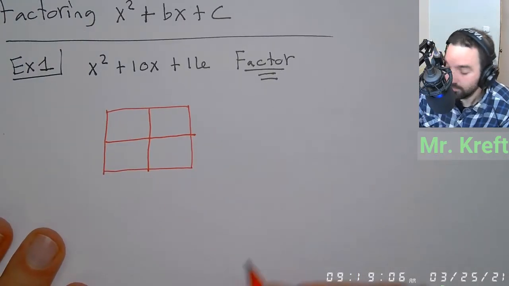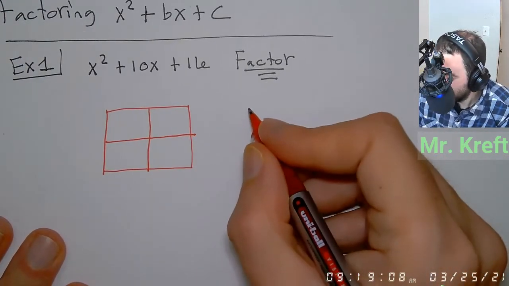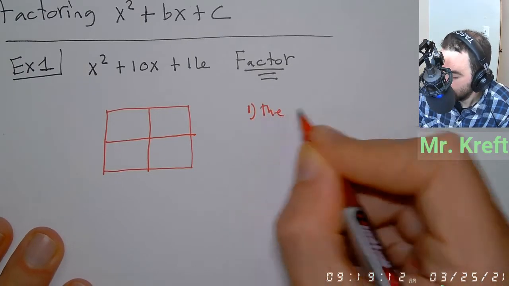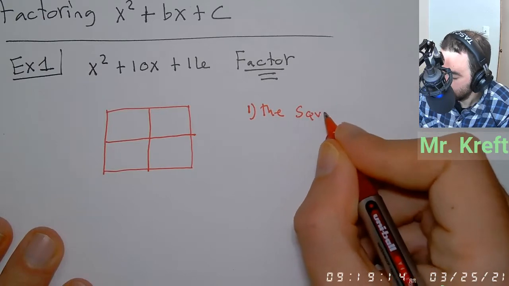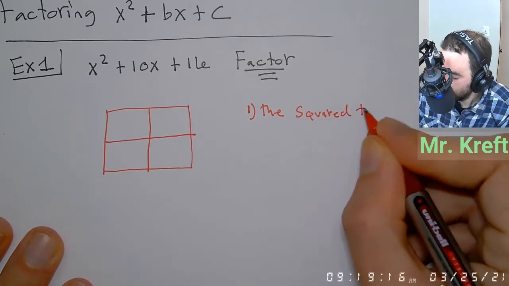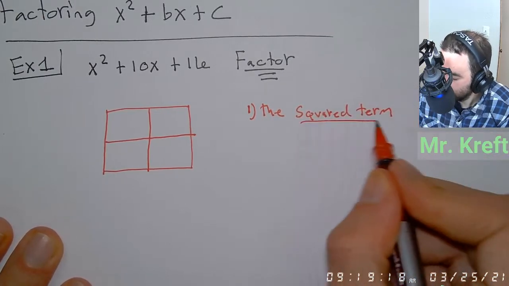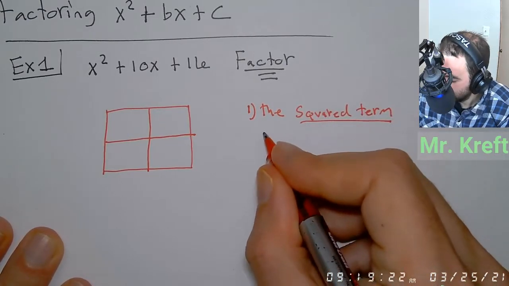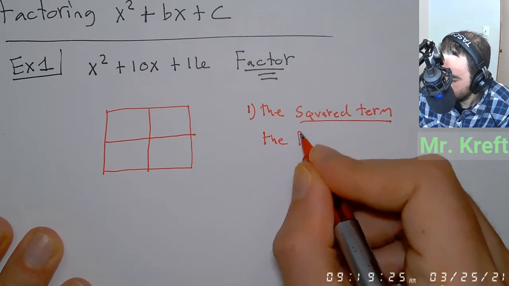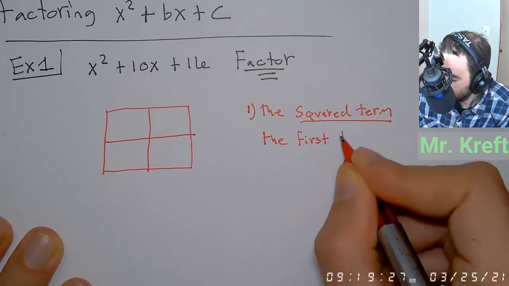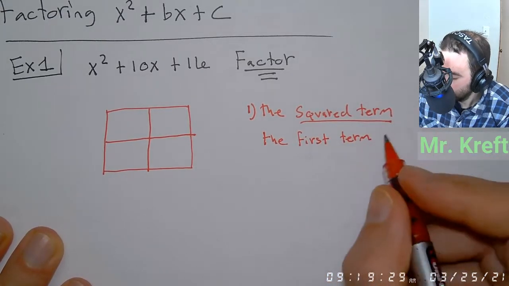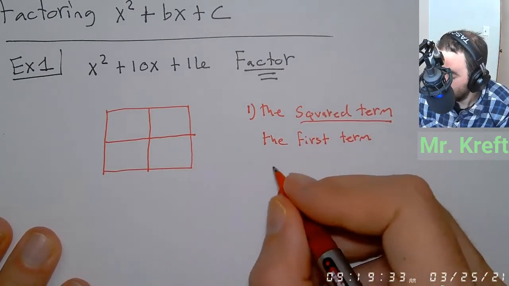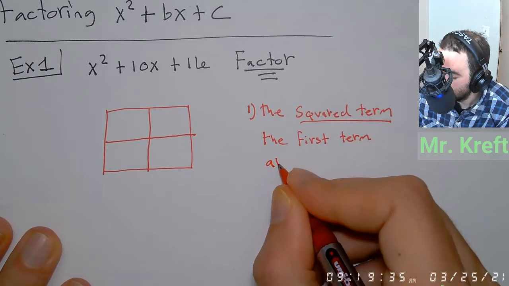So in a box, the squared term, or the first term, is always in the upper right.